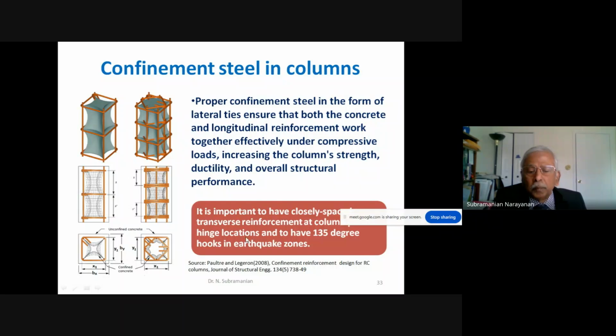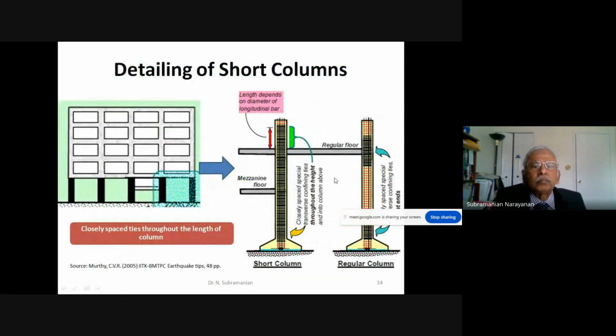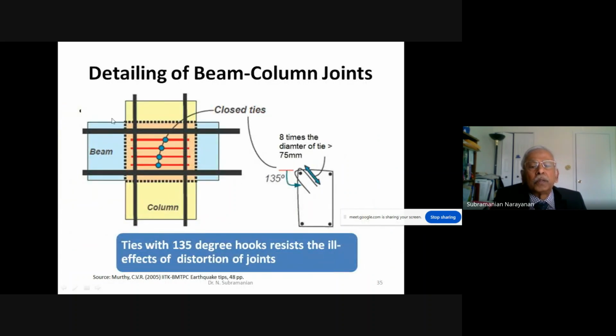And it is also important to have 135-degree hooks in earthquake zones. And when you have short columns, the entire length of the column should be reinforced with closely spaced ties. Of course, this is also not followed in most of the buildings.